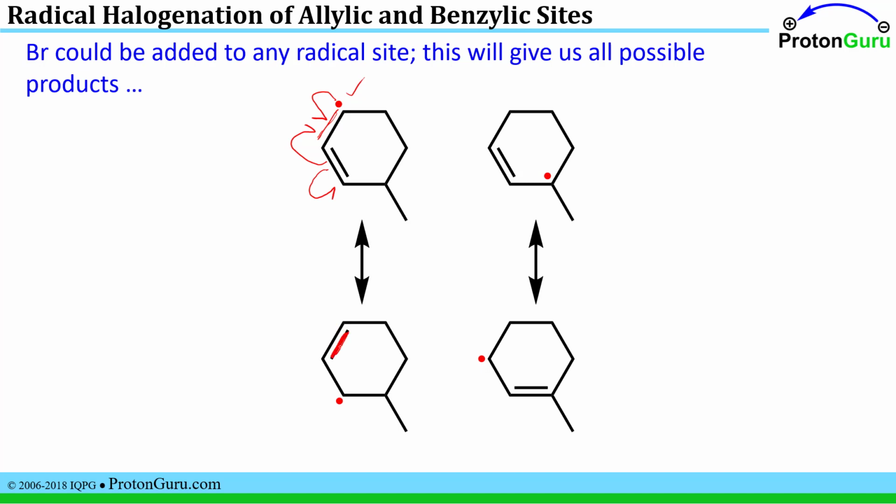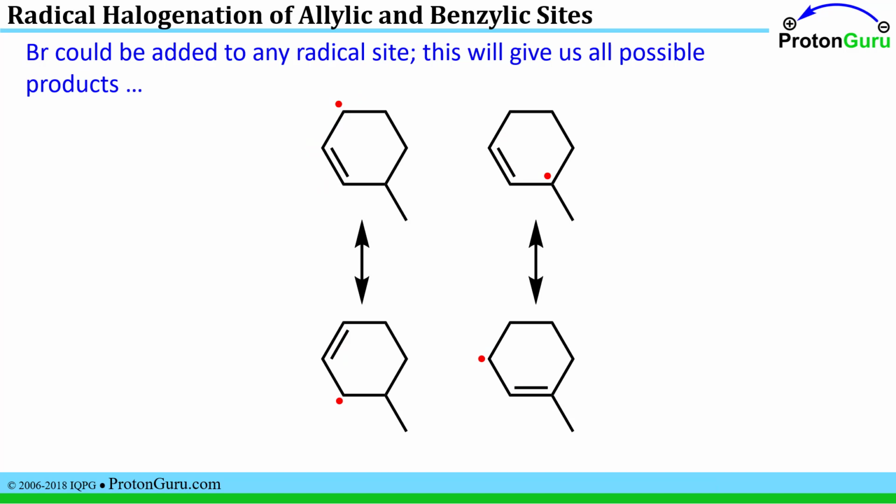That's how I get this new pi bond, and I've moved the unpaired electron to this site. Likewise, with this initially formed allylic radical, I can put two electrons into this space, so I get a bond in the resultant resonance contributor, and the second electron from that pi bond stays behind on this carbon. So in all, I have four possible radical intermediates if I consider all the contributors.